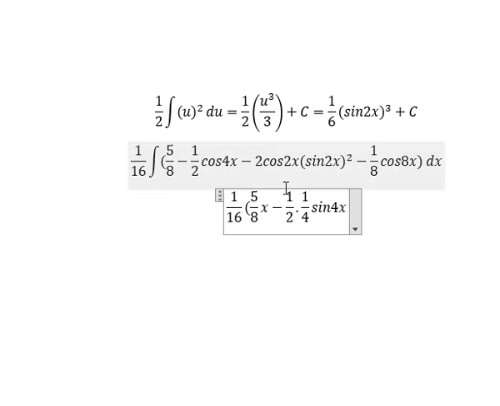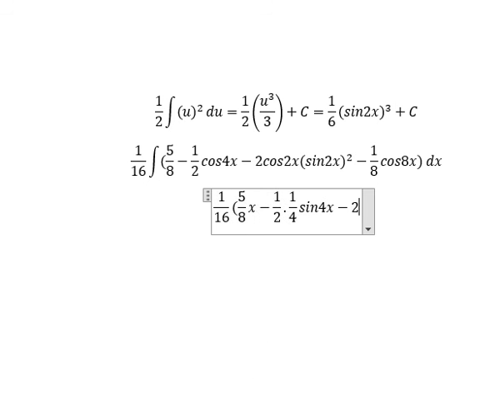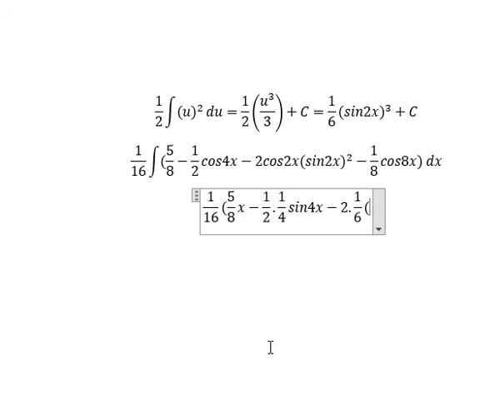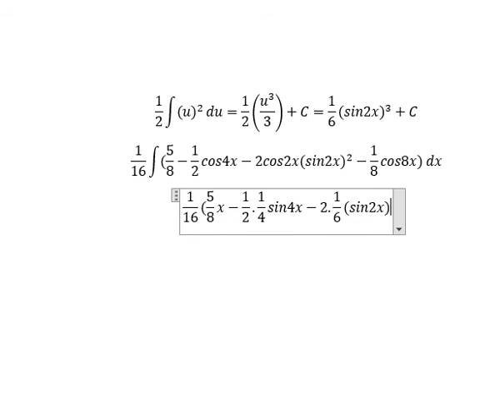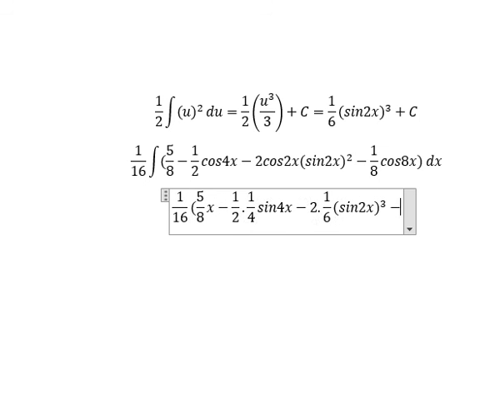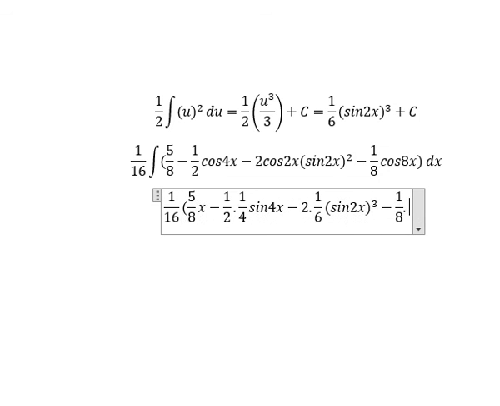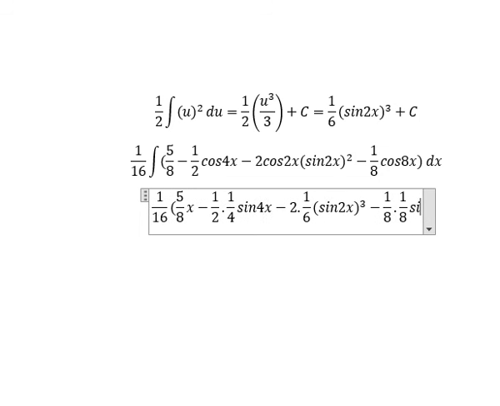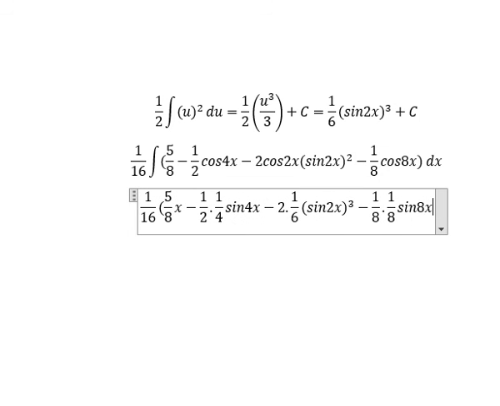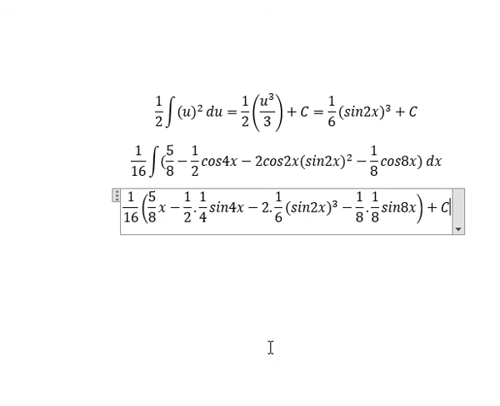The integration of this one, we have 1 over 6 multiplied by sine 2s to the power of 3. And the next one, that's about 1 over 8 sine 8s. And we put about c in here.